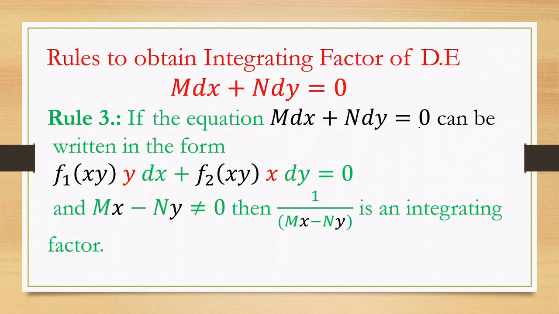plus N dy is equal to 0 in the format of a function of xy into y dx plus a function of xy into x dy is equal to 0, and M into x minus N into y is not equal to 0. So what is M here?